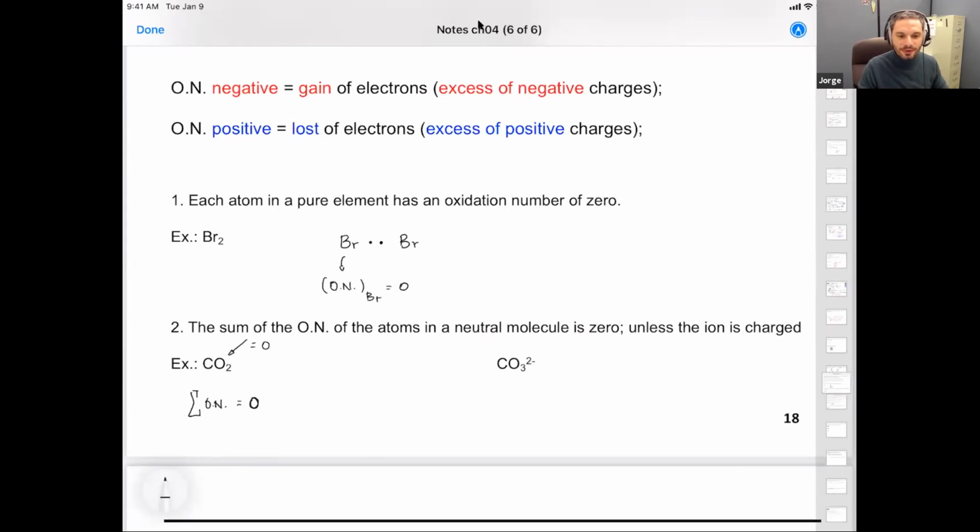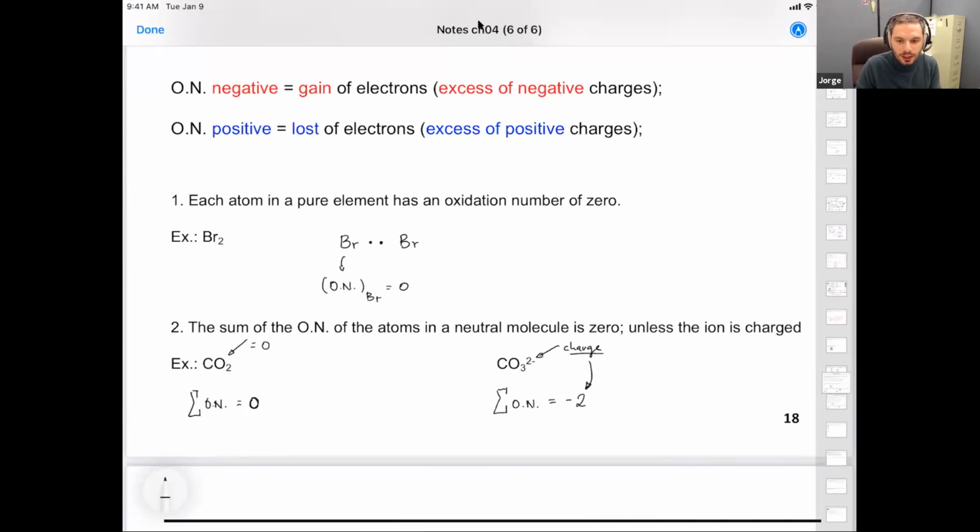However, if there is a charge, for example here carbonate, there is a charge of 2 minus, that means the sum of the oxidation numbers has to be the charge of the ion. So in this case, 2 minus, because that is the charge.